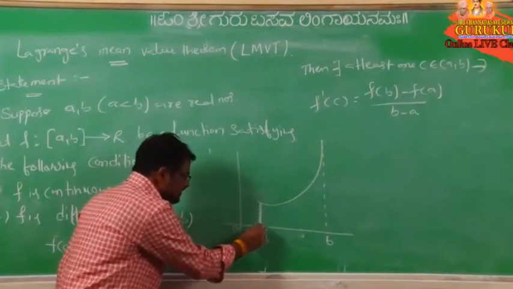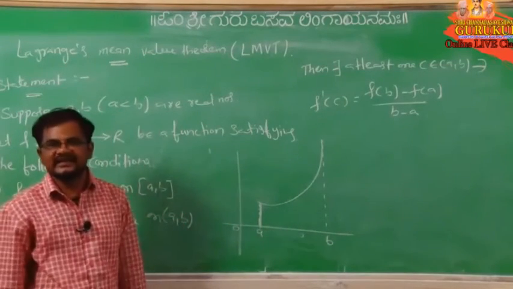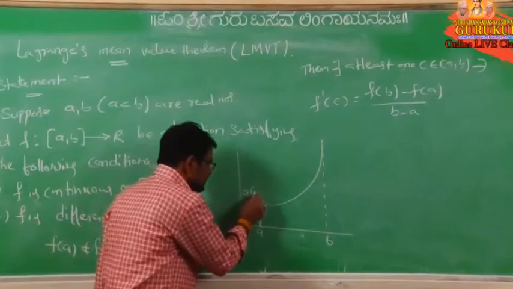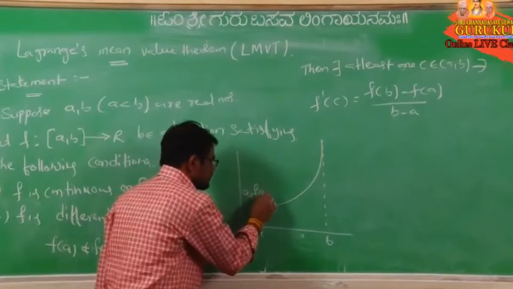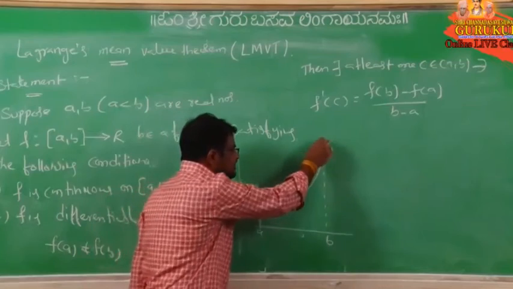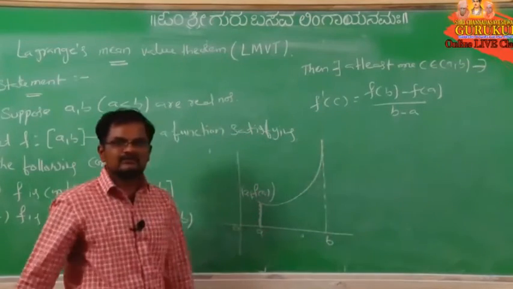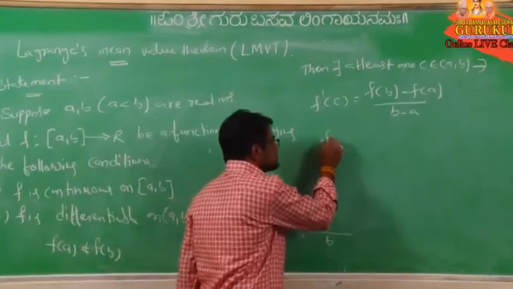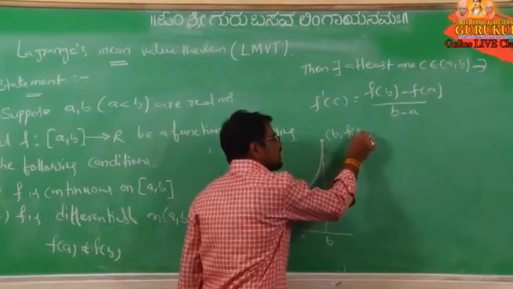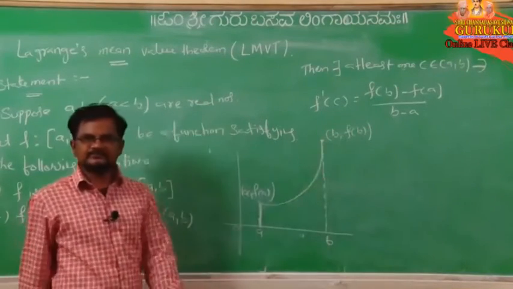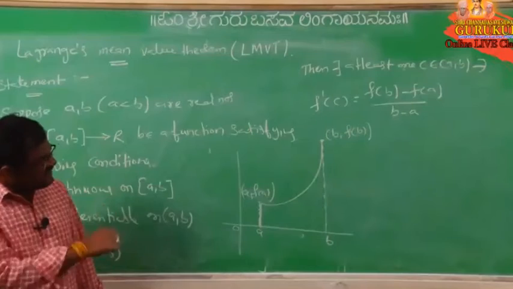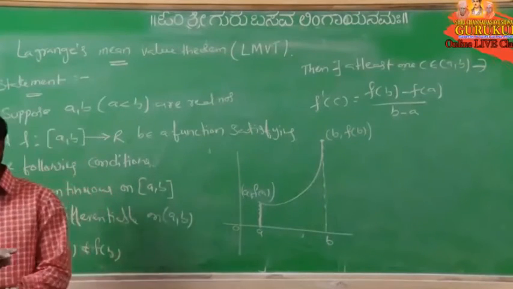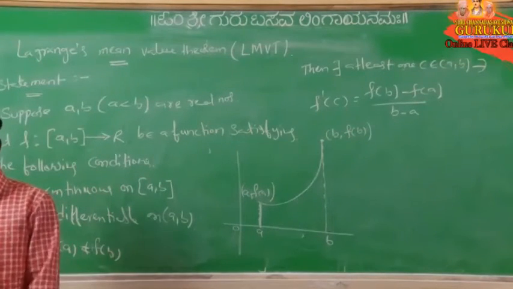This distance is f(a), so the point is (a, f(a)). And this distance is f(b). Now this point is (b, f(b)), right? Now is f(a) equal to f(b)? No, here f(a) is not equal to f(b).